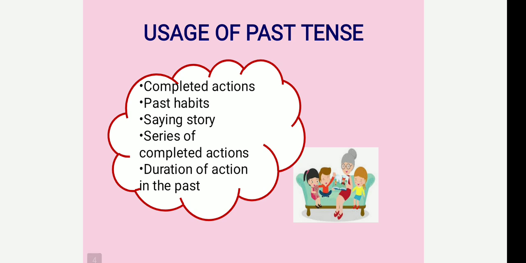Where do we have to use past tense? We use past tense in order to refer or speak about completed actions, past habits, telling a story, a series of completed actions, and duration of action in the past. In these situations, we use past tense.